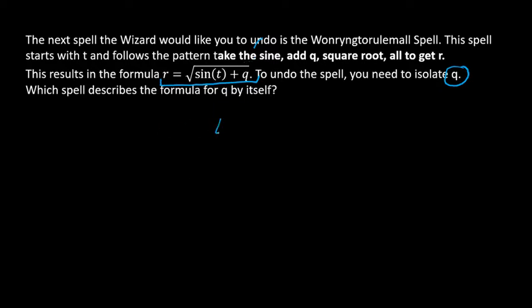So it started with t, and then they took the sine of t, so they had sine t, and then they added q, and then they took the square root all to get r. So it stands to reason that if I do everything in the opposite order, it'll help me isolate q. Okay? So that's just kind of a hint.